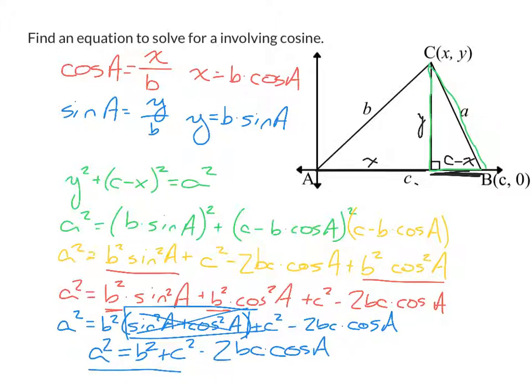The a squared is the hypotenuse in this, because it's across from the right angle, and a squared is equal to b squared plus c squared, but we have an adjustment, the minus 2 times b times c times the cosine of angle A. So in order to find A in a non-right triangle, we can use the law of cosines is what we're going to call this, which is an adjustment on the Pythagorean theorem.